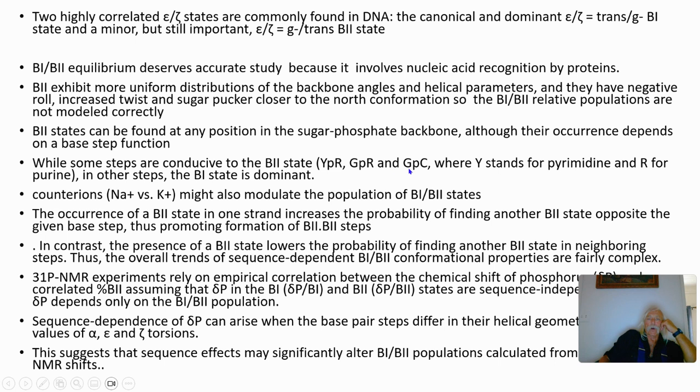So this is what it would look like. So Y is pyrimidine and R is purine. So pyrimidine, phosphate, purine. So in the CpG step, Y stands for pyrimidine and R stands for purine. So in this case, the C is the pyrimidine, excuse me, and G is the purine. You see how that works?